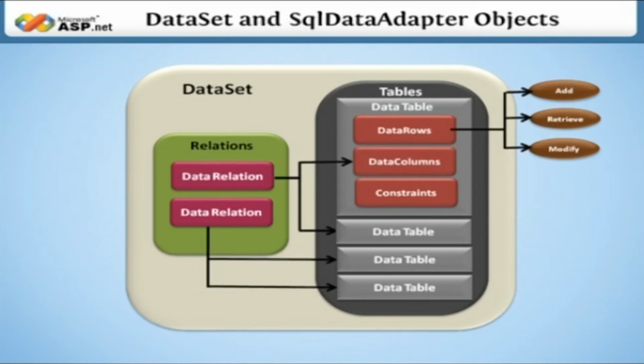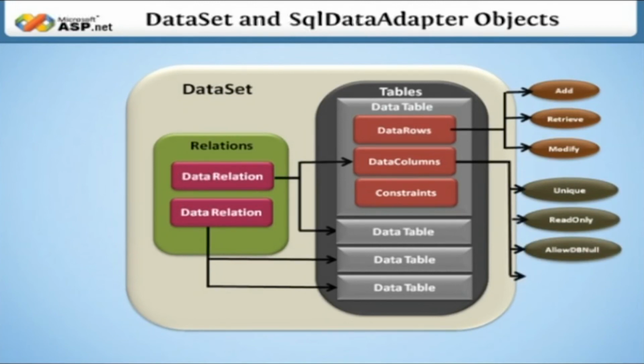The data column object is the basic unit for retrieving or defining the schema definition for a data table. It contains the specific information for each column or field in the data table, including the name, data type, and other attributes, such as unique, read-only, allow DB null, and auto-increment properties.